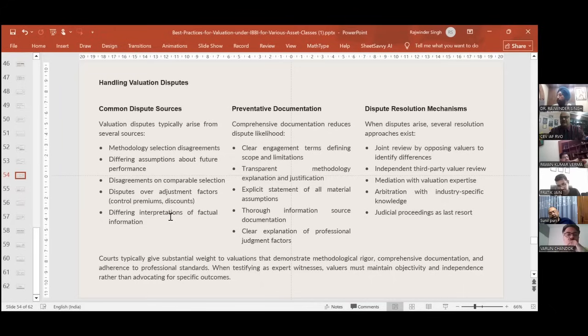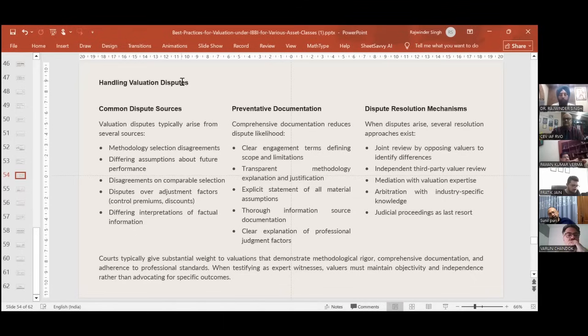So a valuer is known by the number of cases he is able to defend in case of any dispute or litigation. That must be kept in mind by every valuer. Not by the number of cases he is doing per day, per month, per year, or per quarter.